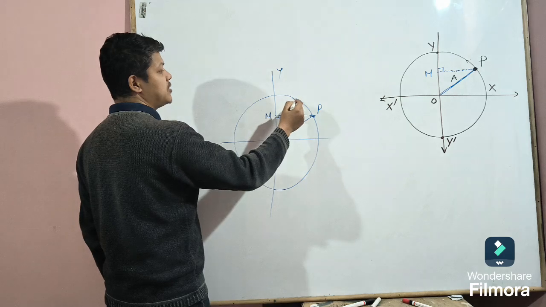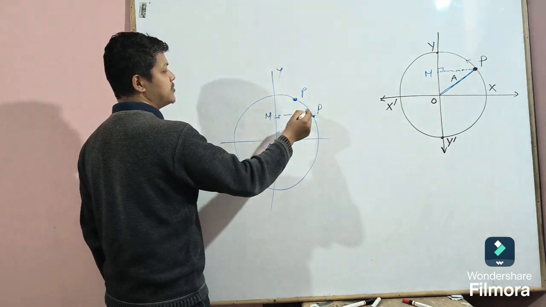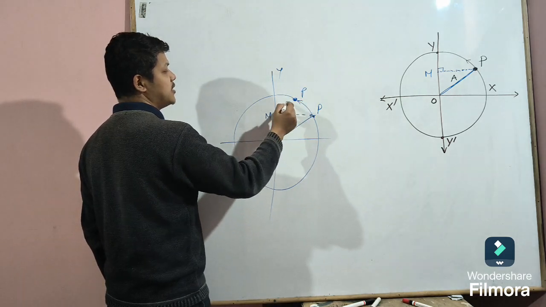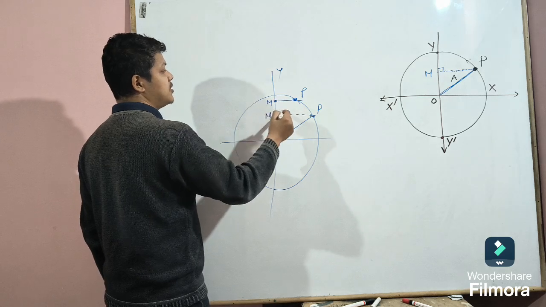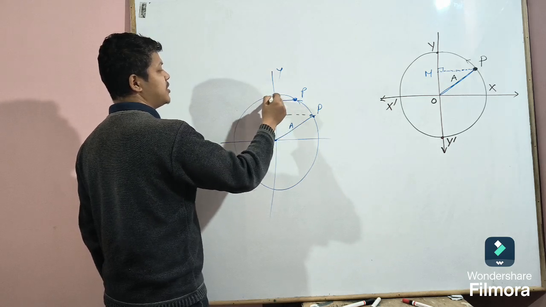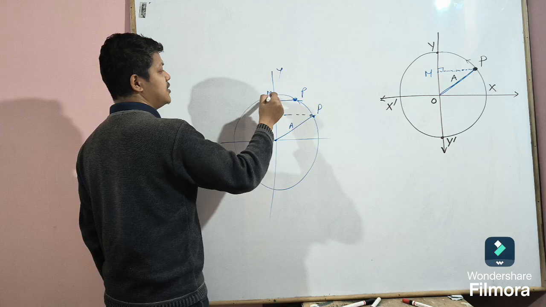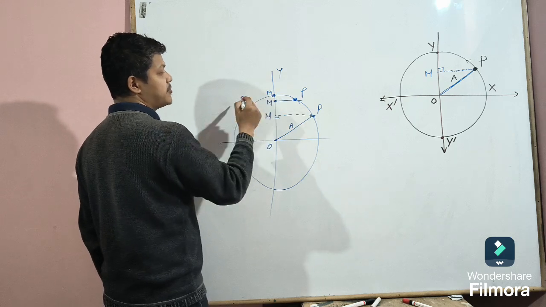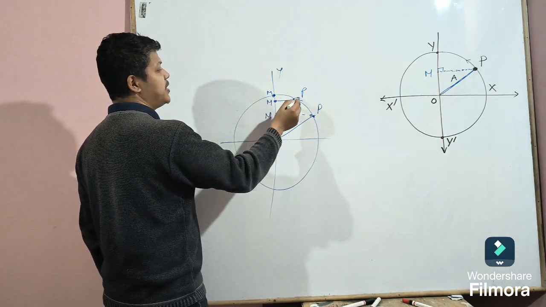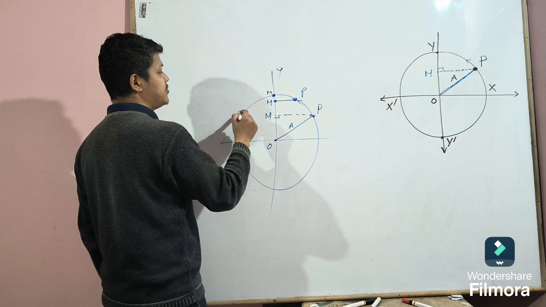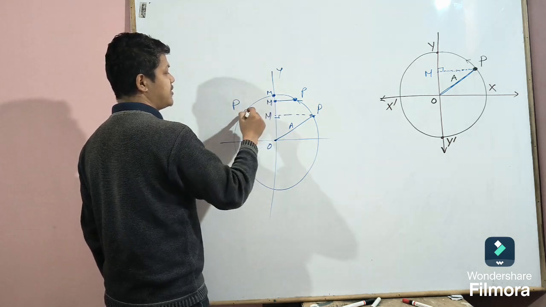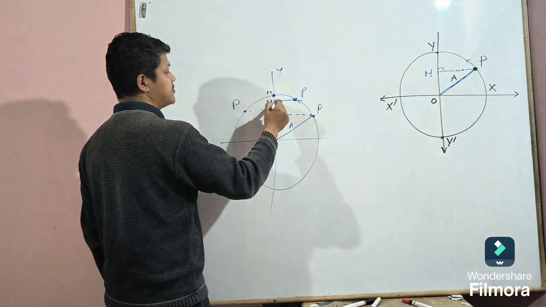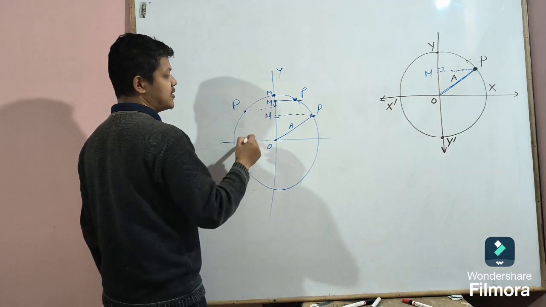So when P is at this point, then M will be here. When P comes here, then this point will be M. Then again, if P comes here, then M is going to come down, right?